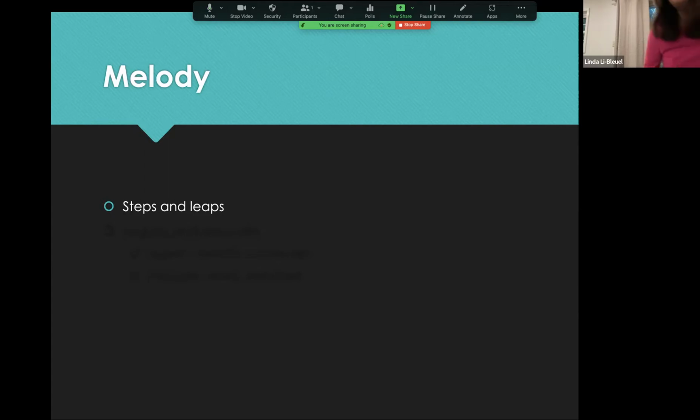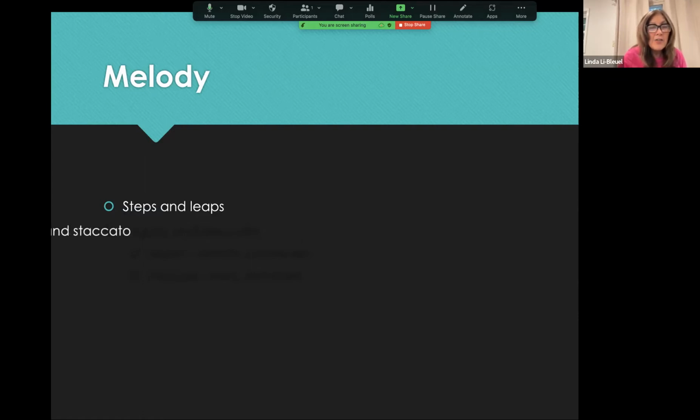So most are a combination of both. So melodies are comprised of steps and leaps, basically. Okay. So leaps meaning there's a lot of distance between the two notes. This is something you can cover in your group presentations if you talk about melody, whether it's predominantly steps, predominantly leaps, or a really cool combination of the two. Okay. So that's what we mean that the melody will have both of those components in it.